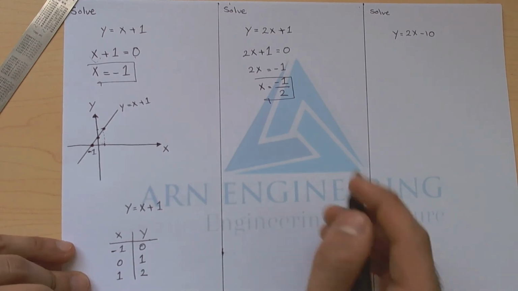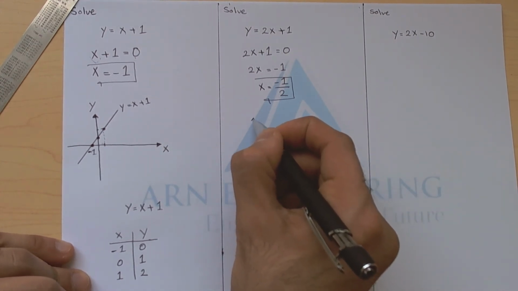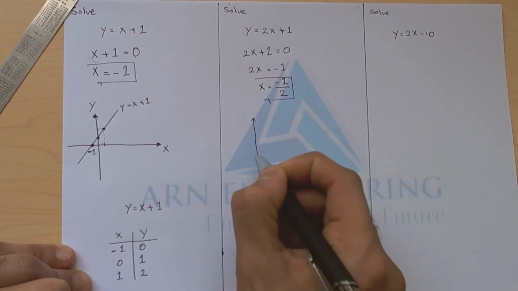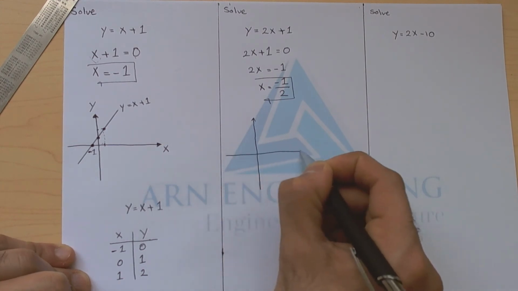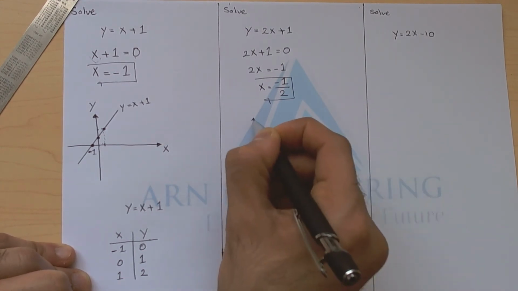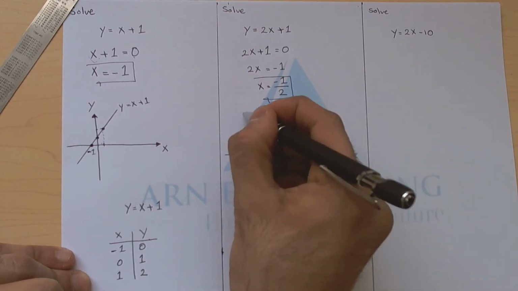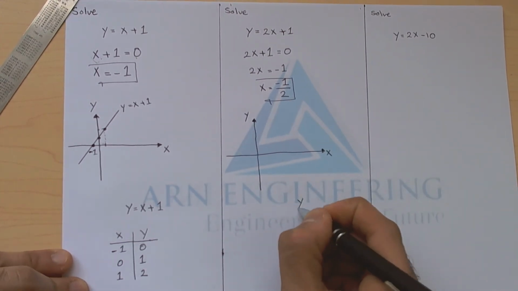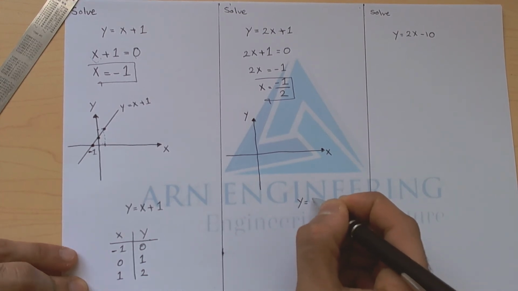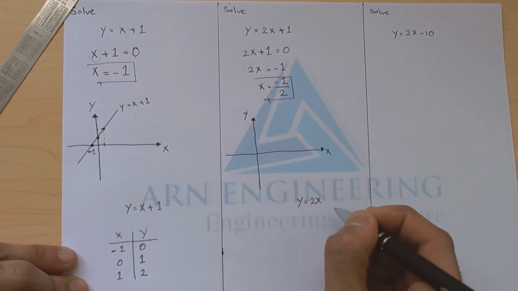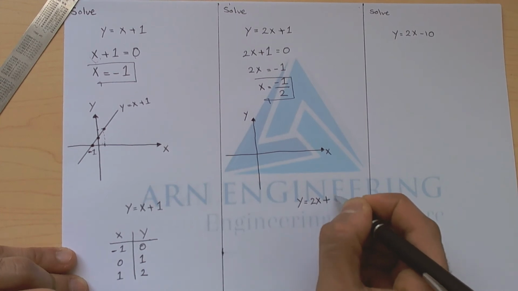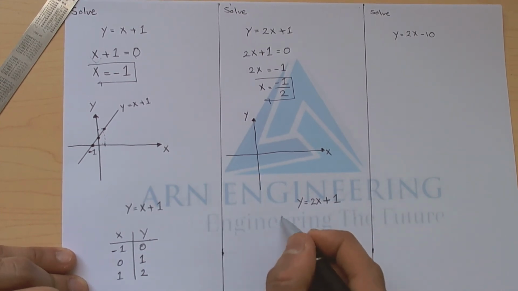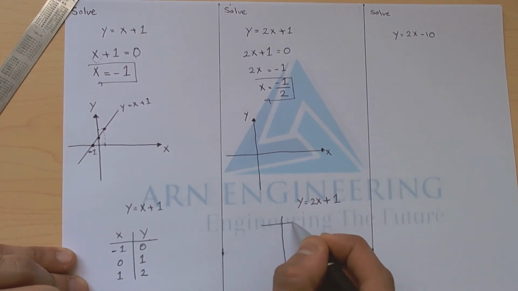So let's graph it again. So that's our y-axis, that's our x-axis. So let's write the equation here again. Y equals 2x plus 1. We'll construct our table.